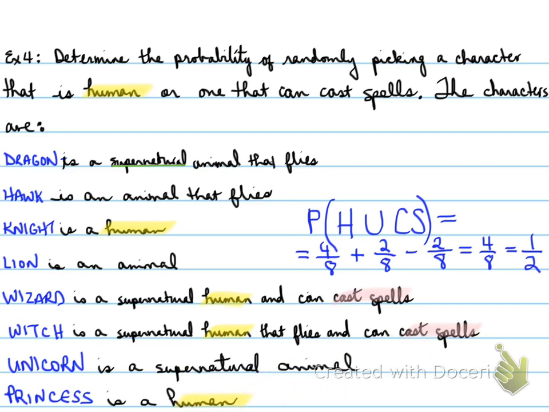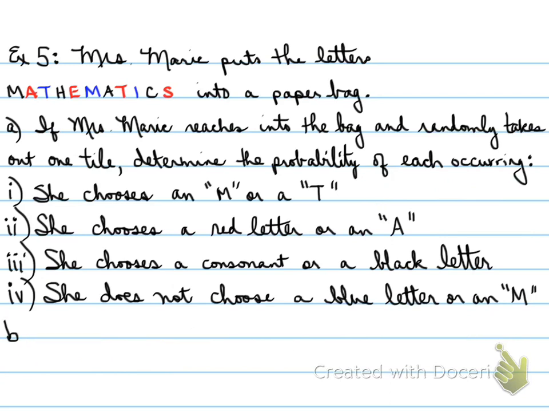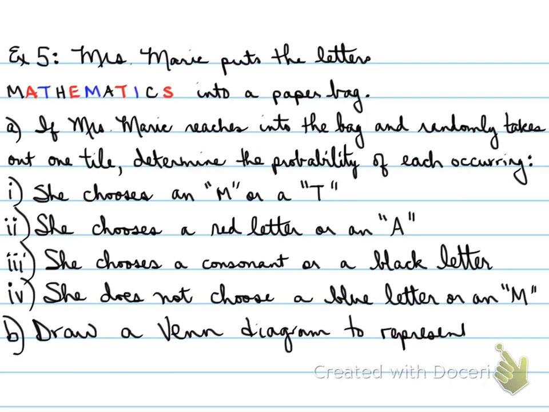So there are many different characteristics, so we have to go through the characteristics of each to answer the question. Example 5. Mrs. Merrick, this is goodness me. Let's go through this really slowly, folks, so that you have all of these. This is a lot here. So let's focus on each one of these questions.